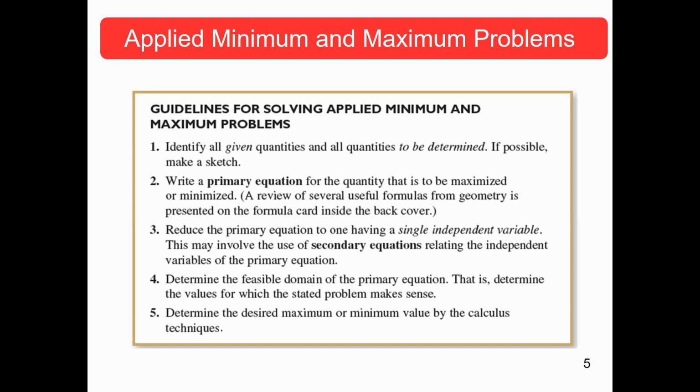Third thing, reduce the primary equation to have only a single variable. One independent variable. And what you're going to do is use that secondary equation to relate those variables together. Once you've done that, we're going to take the derivative and find the desired maximum or minimum using the first derivative test, basically.